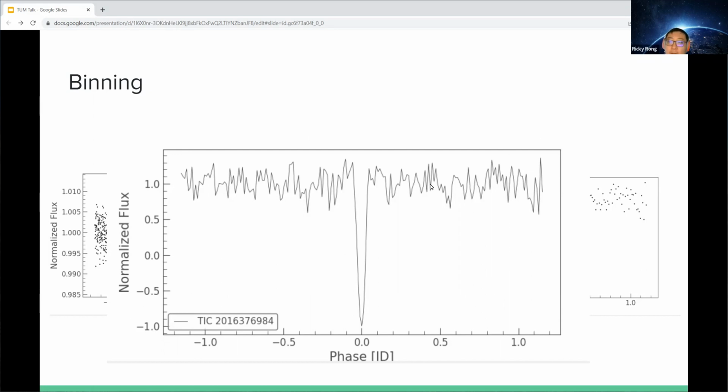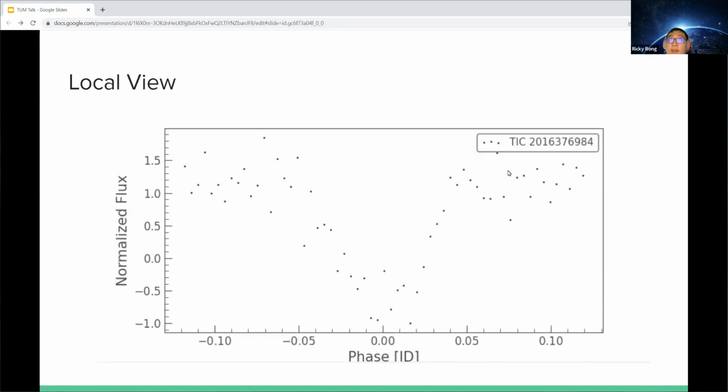Something else that we want to feed into our model is the local view, which, if you look at it, is just a zoomed in snapshot of the transit. Again, there are more points in the local view during the transit because we've zoomed in at the binning stage, and we've used fewer points per bin.